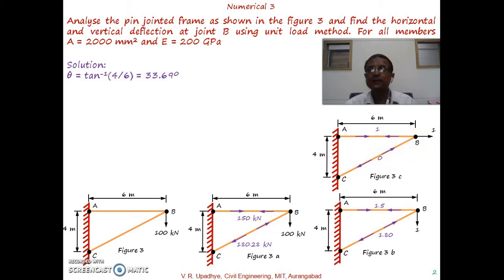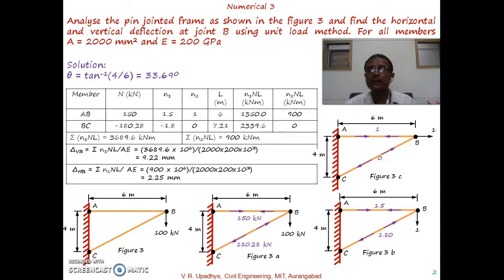As usual, we'll go through that table. The first column is member; you have two members, member AB and member BC. Then capital N in the second column is the internal member forces due to the applied external force. We have calculated it as 150 kilonewton tension for member AB, and for member CB it is 180.28 kilonewton compression, so it is written as minus 180.28.